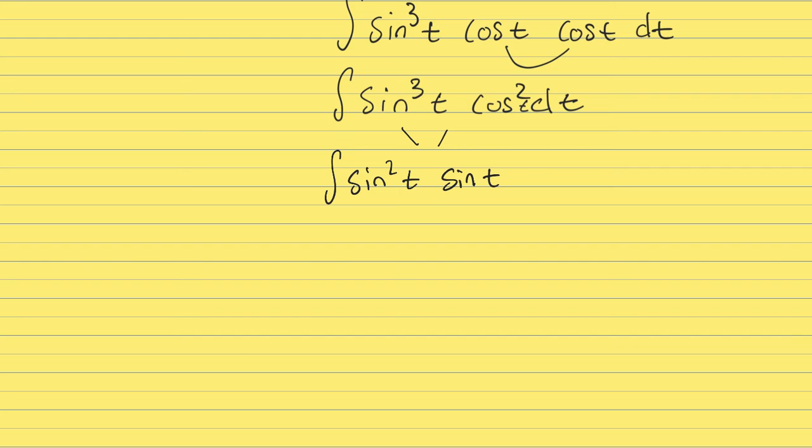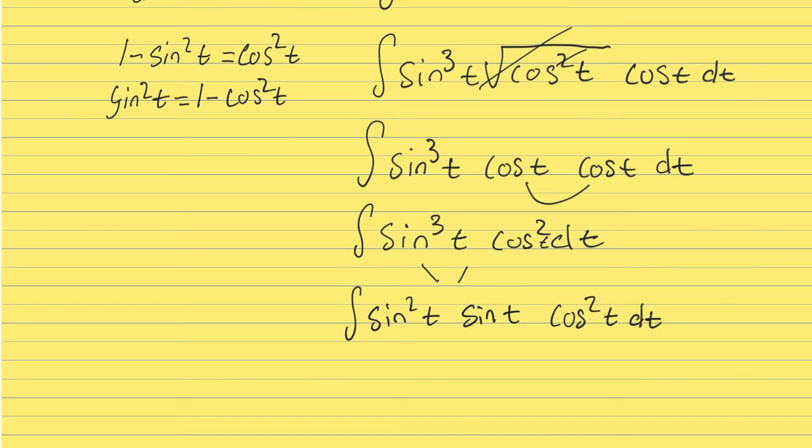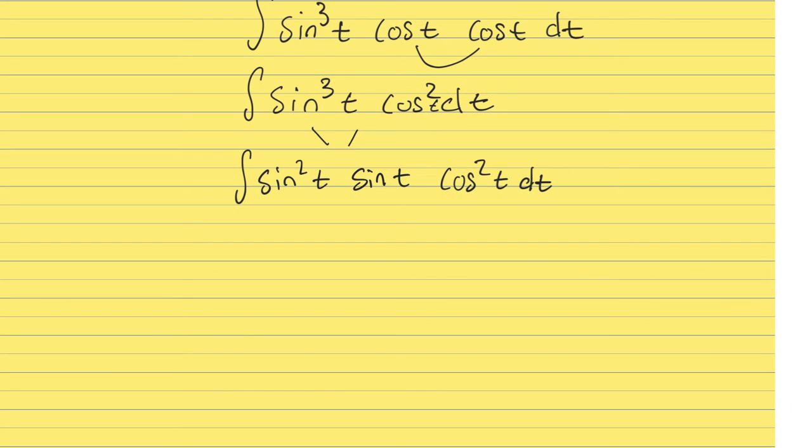It's just split into 2, times cosine squared t dt. Now you remember that we said earlier that sine squared t is the same as 1 minus cosine squared t. Now we're going to use that here to simplify that sine squared and make it in terms of cosine so that we can make a u-substitution.